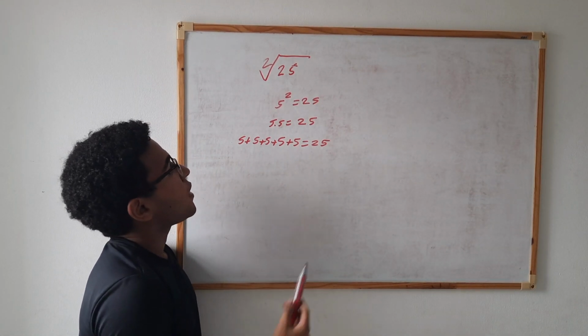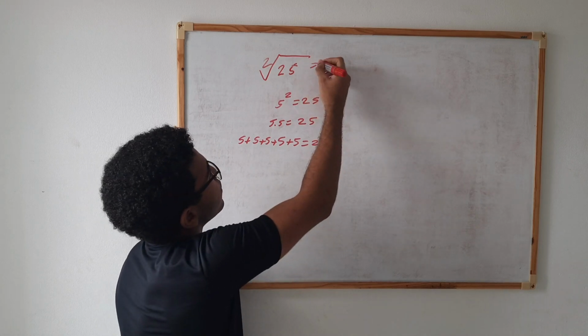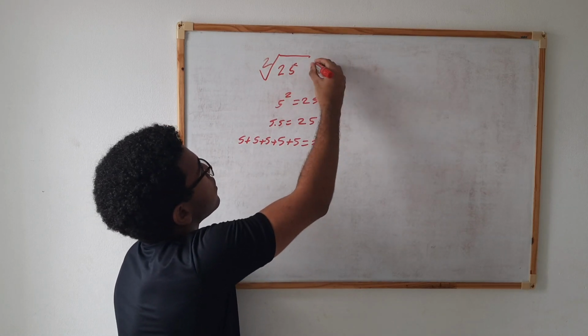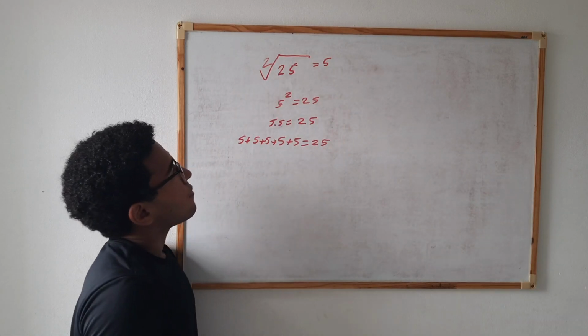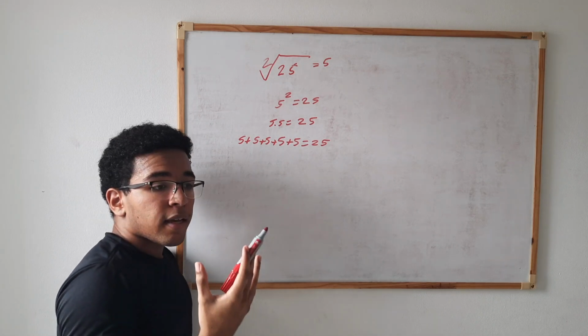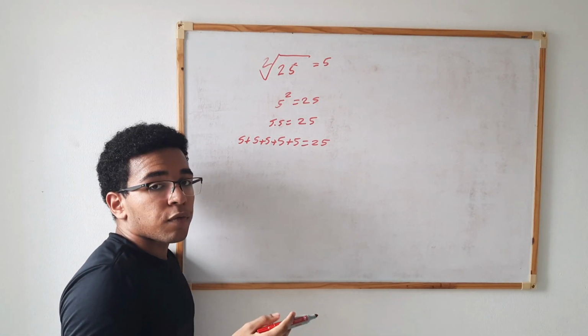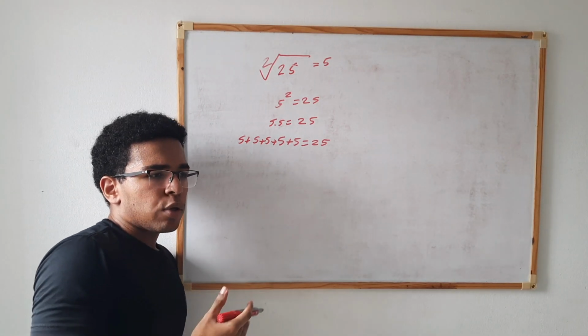Okay? And this is just to say that the square root of 25 is 5.